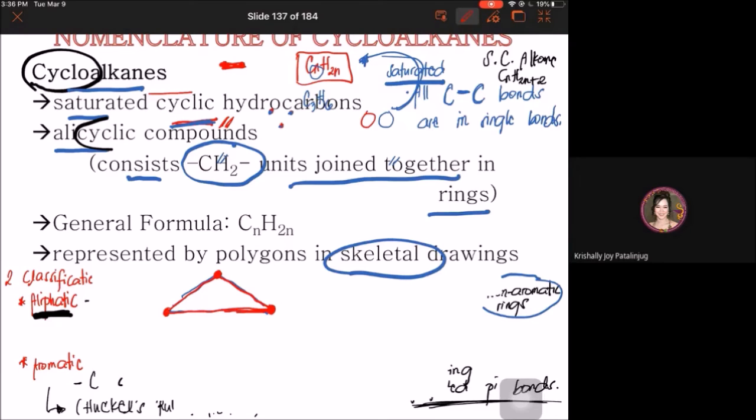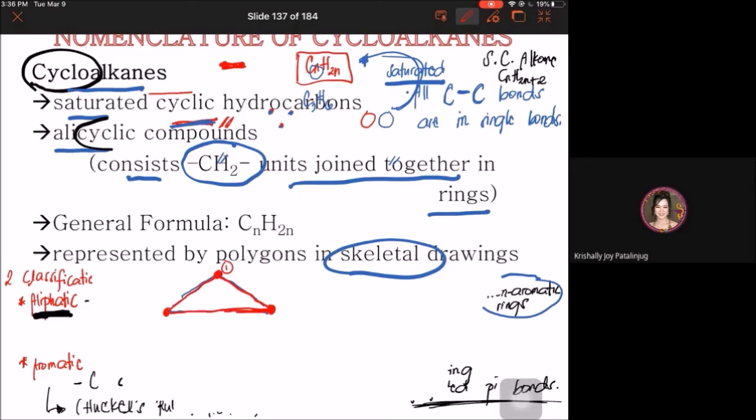Okay, nakacyclic. Kapag skeletal drawing, ano yung atom na imaginary? Hydrogen, ma'am. Okay, very good. Hydrogen. Kapag carbon, ilan yung pinaka-most stable number of bonds? Apat, ma'am. Very good, 4. Okay, simulan natin sa carbon na to.